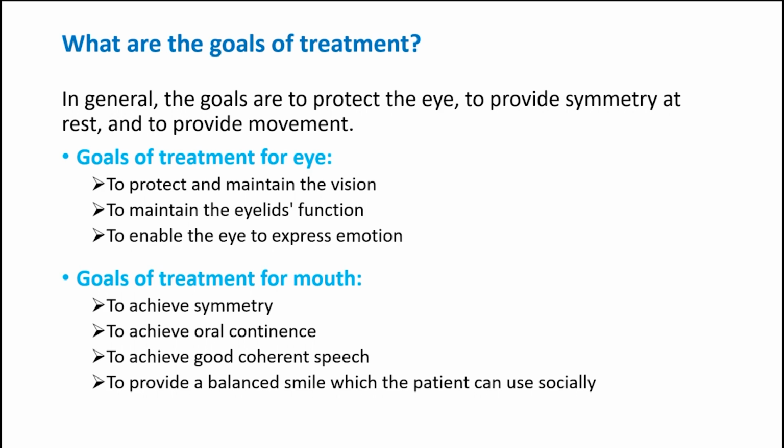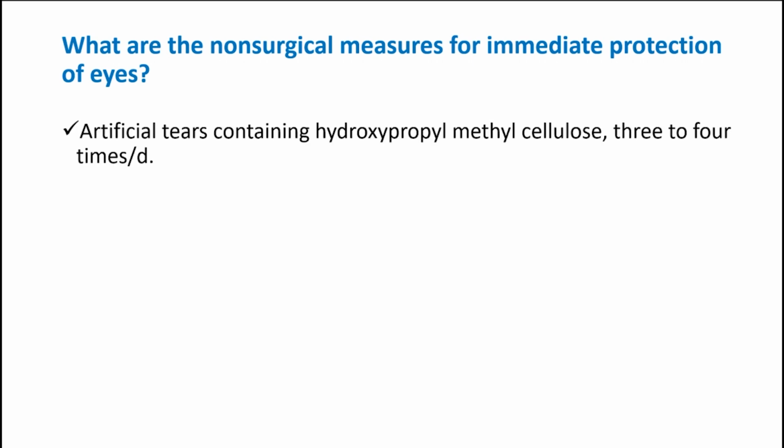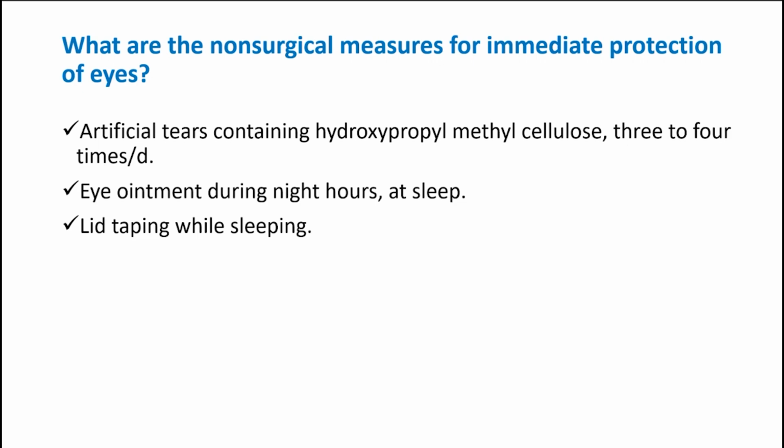Then the question comes: what are the non-surgical measures for the immediate protection of the eyes if there is exposure of the eyeballs and Bell's reflex is present? You must remember them one by one. First is the use of artificial tears 3 to 4 times a day. During the night, eye ointment, lid taping, and eye patches when the patient is sleeping.